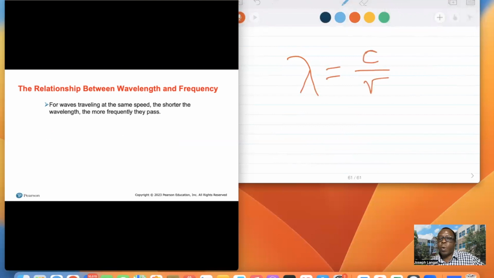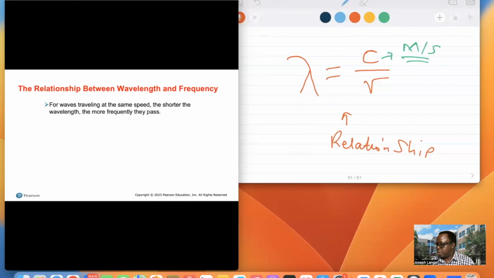That is the relationship between them. And just like the density equation, given two, you should be able to calculate the third one. So I can label this as a relationship. Remember, this is always in meters per second. It will never change.